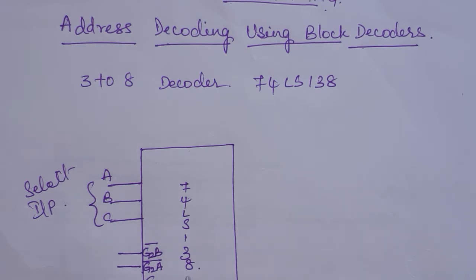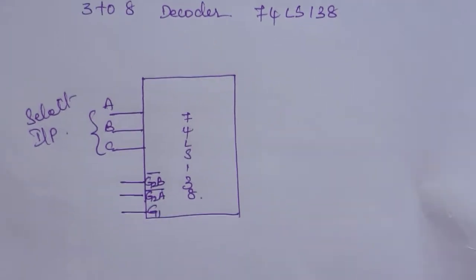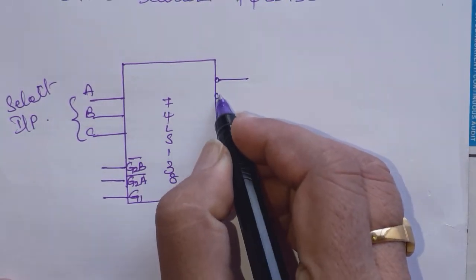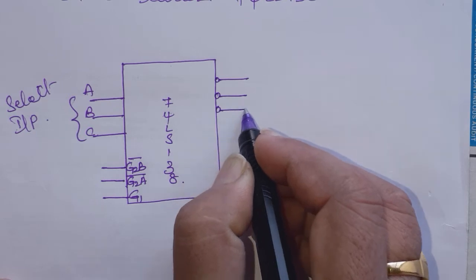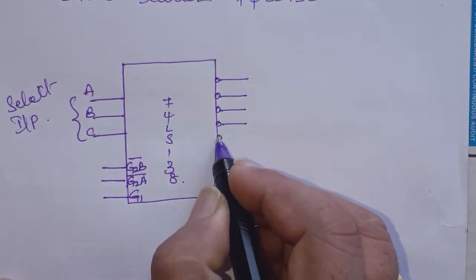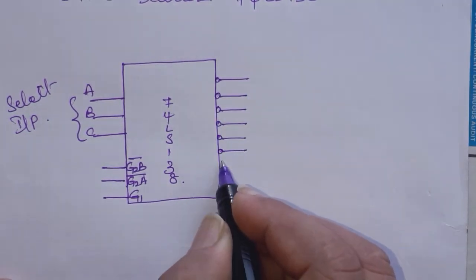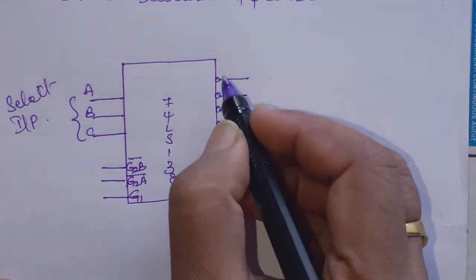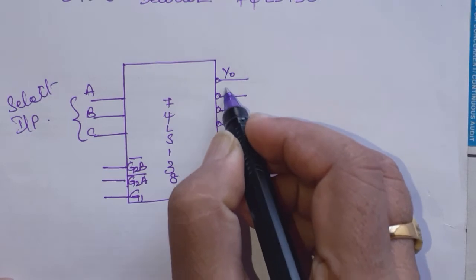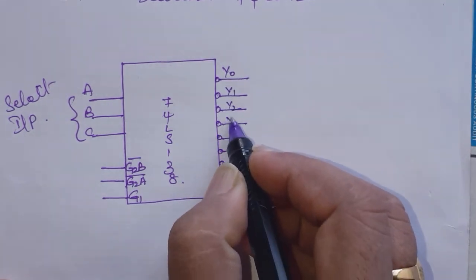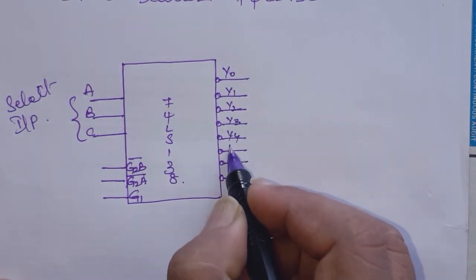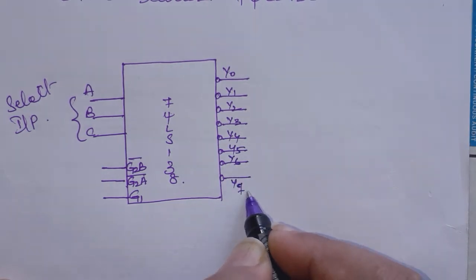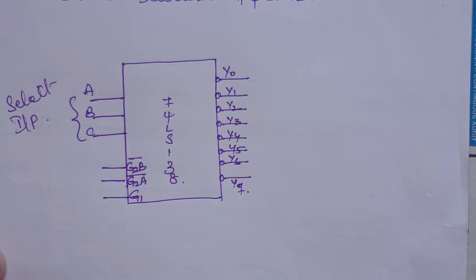This is the chip select of this decoder, for selecting this decoder chip. And you have 8 outputs. So this is Y0, Y1, Y2, Y3, Y4, Y5, Y6 and Y7. These are the outputs.